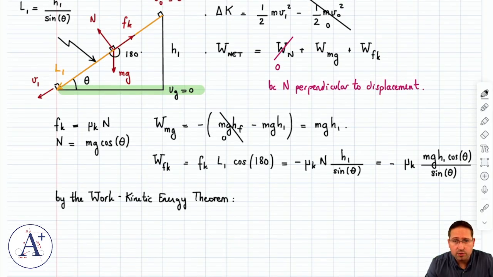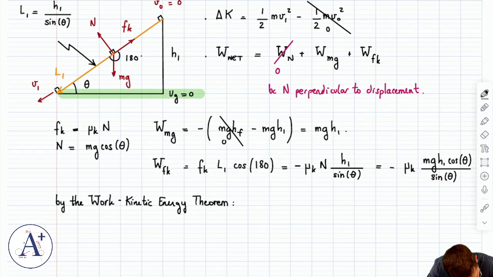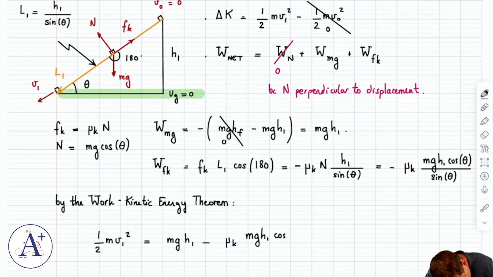Delta K, which is 1/2 m v1 squared, is equal to the net work, which is 0 for the normal, mgh1 for weight, and minus mu k mgh1 cosine theta over sine theta.